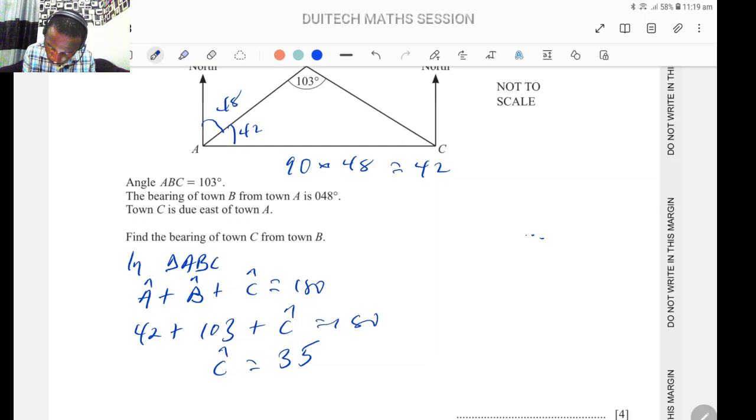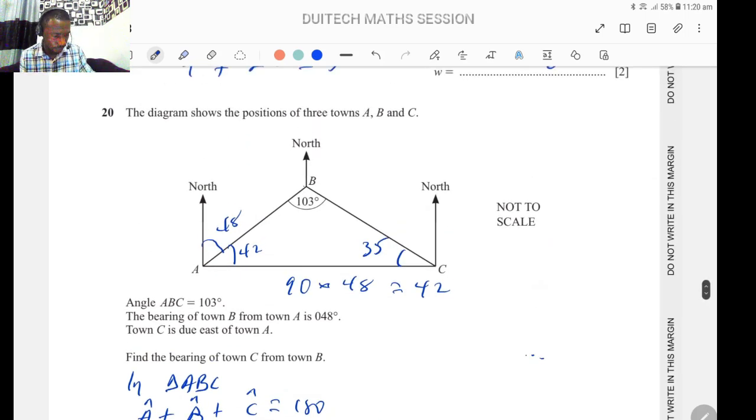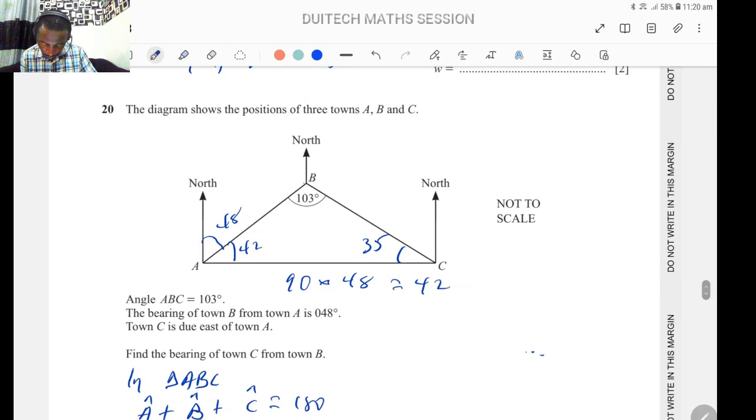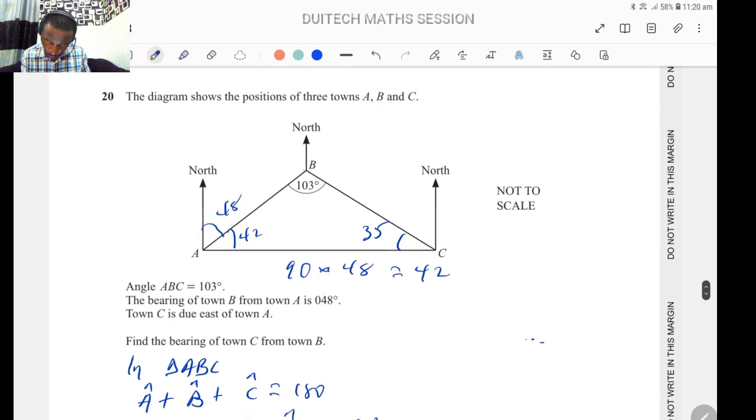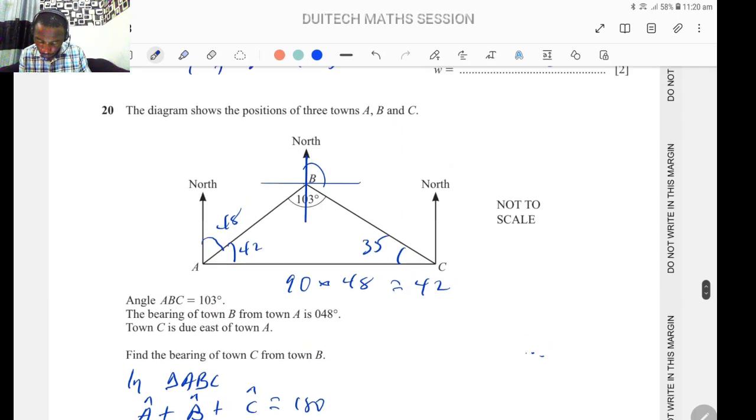So here is 35. If here is 35, let's try and connect this line. The question wants us to find the bearing of C from B. So from B, we're looking for the bearing. First, let's connect this line and see. By the rule of alternate angles, alternate angles are equal.